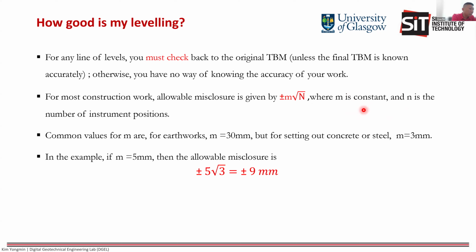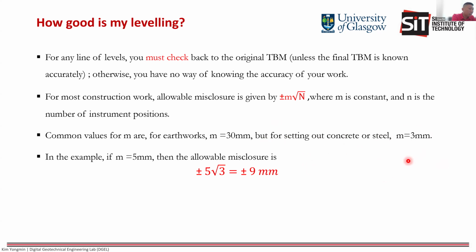In the industry, for earthwork, which means excavation, backfilling or some other work, M can be a big number such as 30 mm because it's not so significant if the error is within 30 mm. But if you want to set out concrete or steel for some structure, then M can be as small as 3 mm because they want it quite precise.